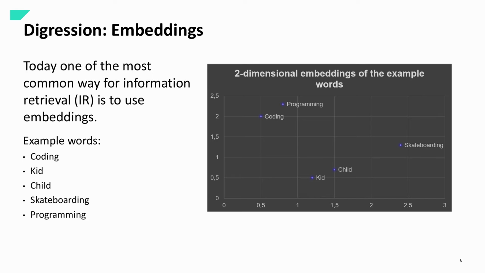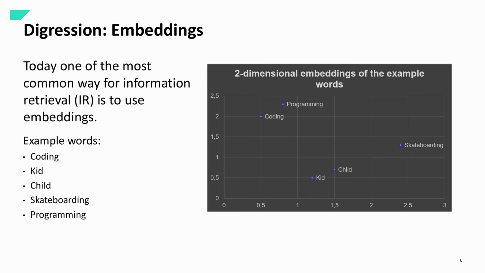You see this two-dimensional embeddings diagram on the right side. The basic concept is, how can you transfer words like coding, kid, child, skateboarding, programs into a vector space and bring them close to each other if they are related to each other.